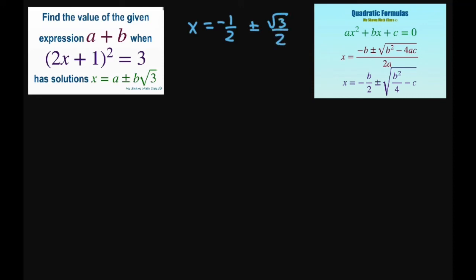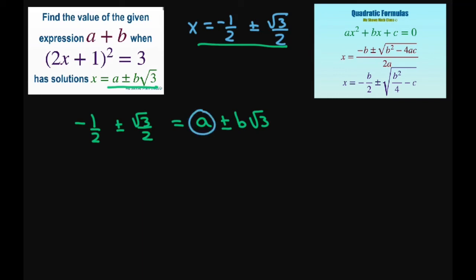Now what we're going to do is set this equal to this so we can find a and b and then add them together. So we have negative 1/2 plus or minus square root of 3 divided by 2 equals a plus or minus b square root of 3. All right, so basically my a equals negative 1/2.